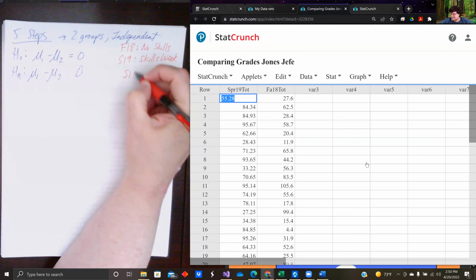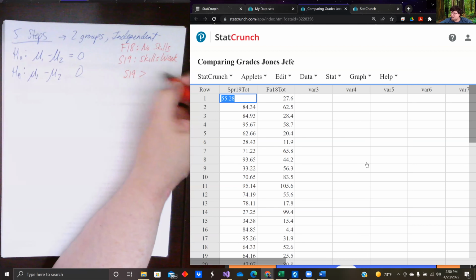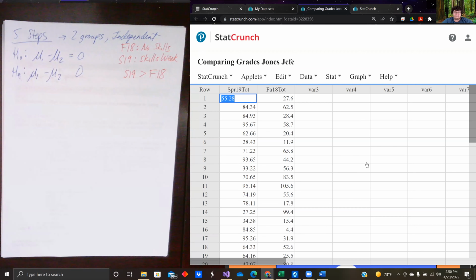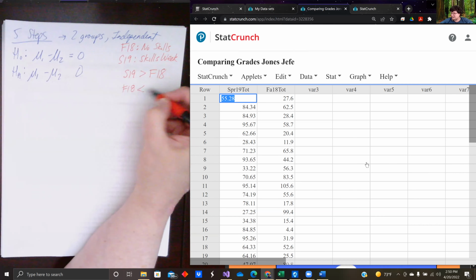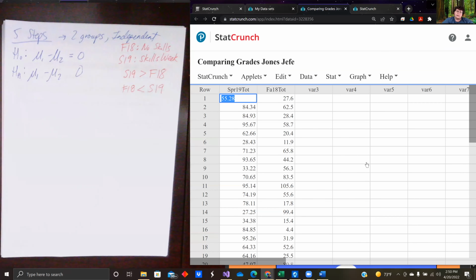I think that S19 should have a higher average test score, or greater than F18, based on the way I worded the question. Alternatively, you could write fall 18 less than spring 19. To me, writing it like this seems wonky. Like I said, test scores will go up, but then I show the less than sign. It doesn't mesh in my noggin. But if it does for you and you want to use that way, you can.